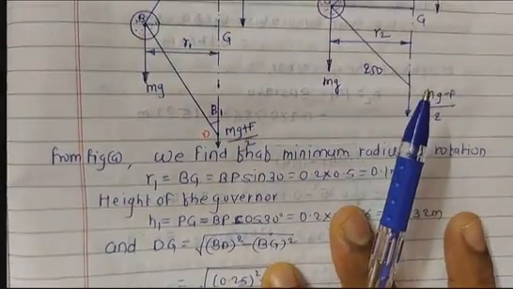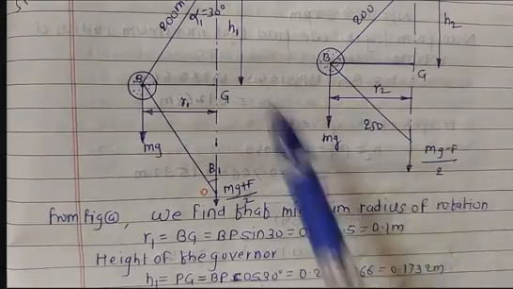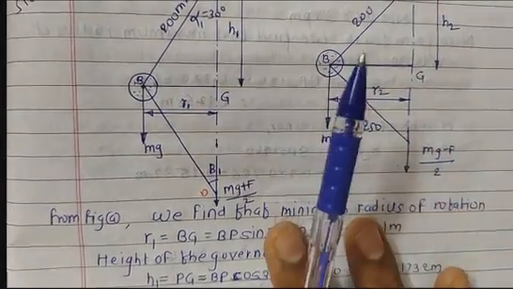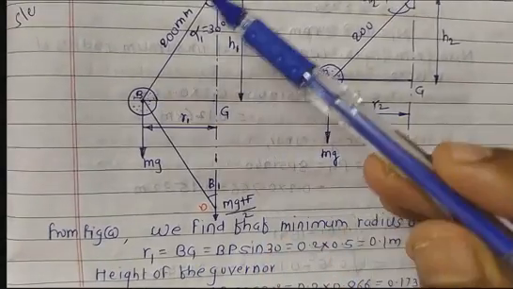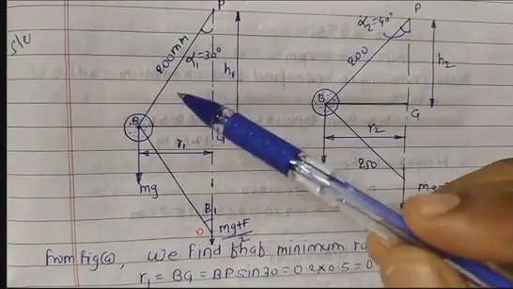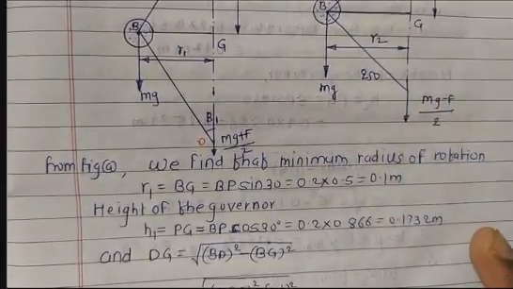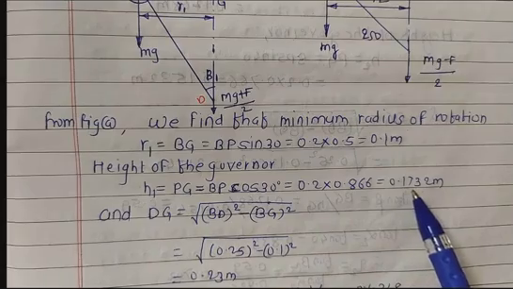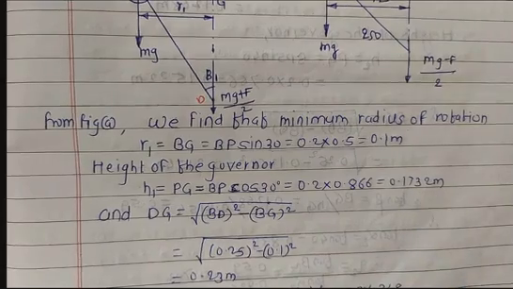So what about this h1? H1 is nothing but BP cos of 30. Okay, so we can get the value for h1 as 0.1732 meter.